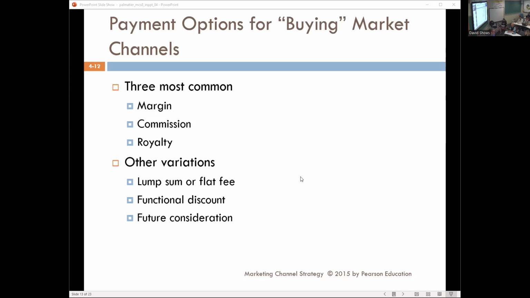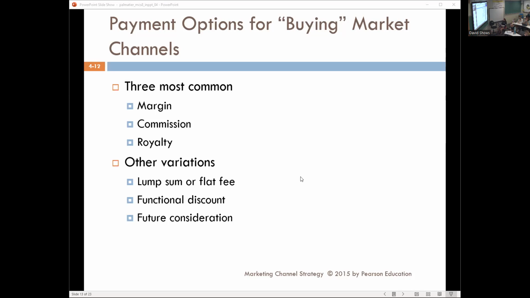Well, there's multiple ways in which organizations pay for the buy option. And it depends ultimately on the strength of the organizations and what the organizations have to give up, okay?